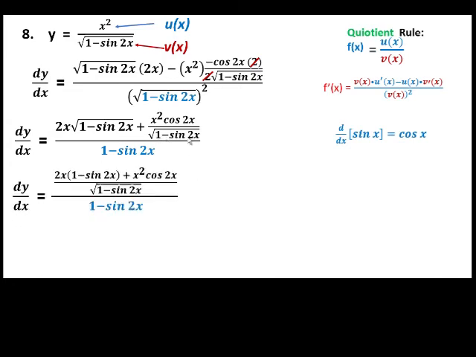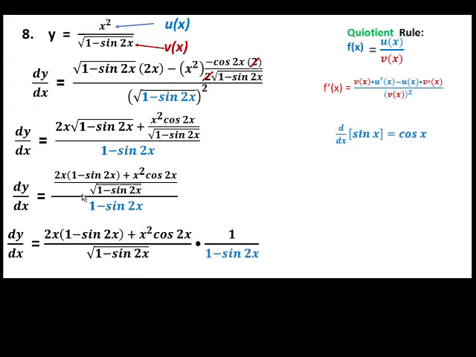So we have here this denominator, square root of 1 minus sine 2x times square root of 1 minus sine 2x becomes, the square root is eliminated because of multiplication, plus the numerator all over this denominator and all over 1 minus sine 2x. Simplify.